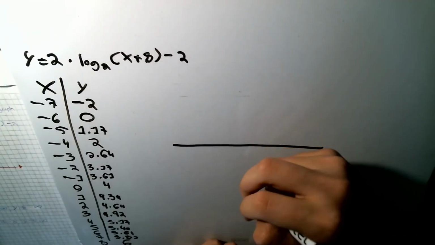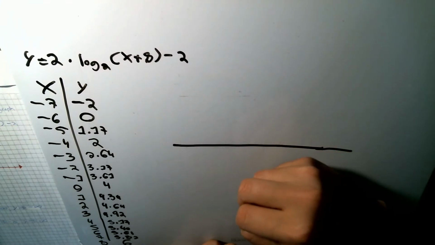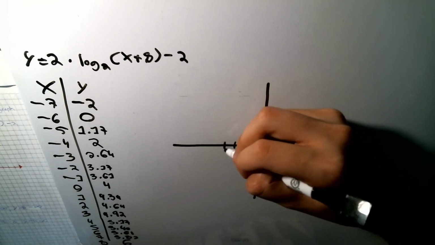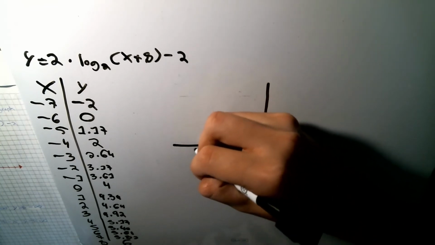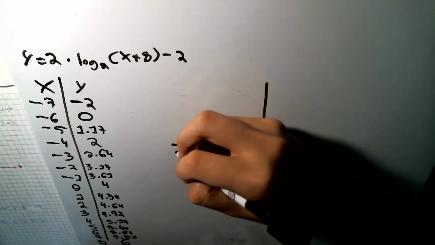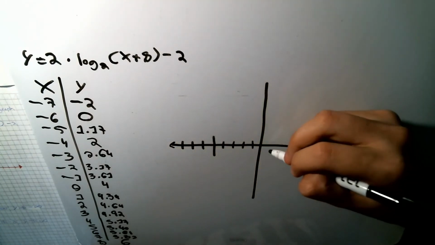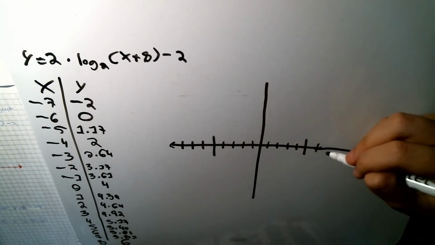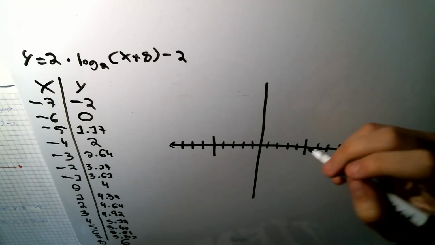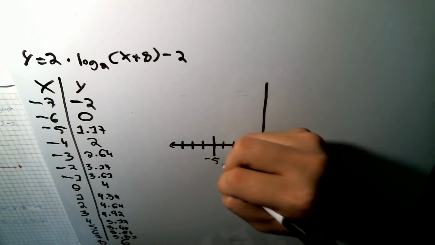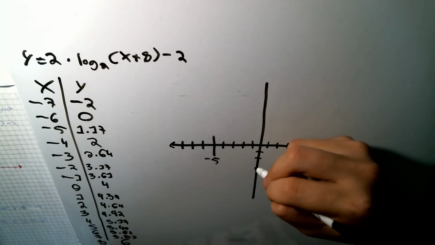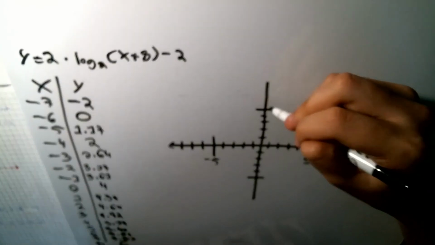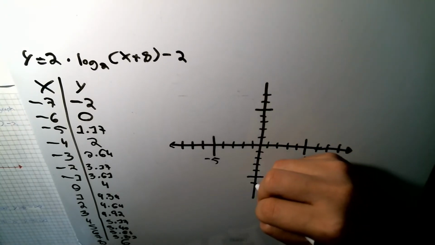Let me mark the axes: 1 2 3 4 5 6 7, 1 2 3 4 5 6 7 8, 5 and minus 5, and so on.